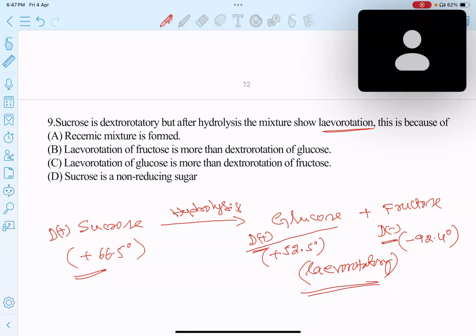Levorotation of fructose is more than the dextrorotation of glucose. The correct answer is option B.